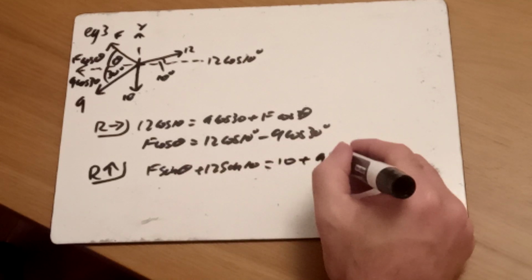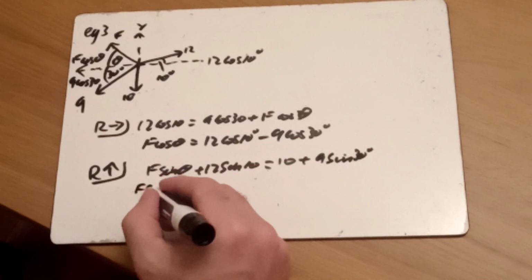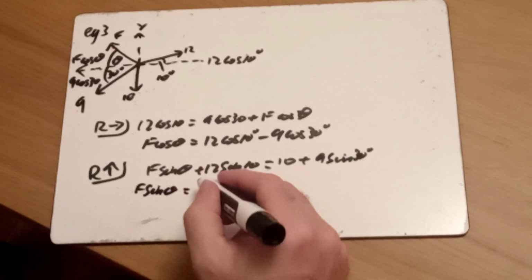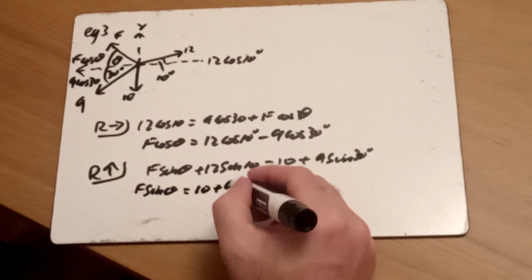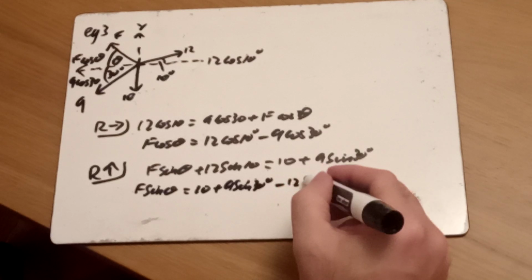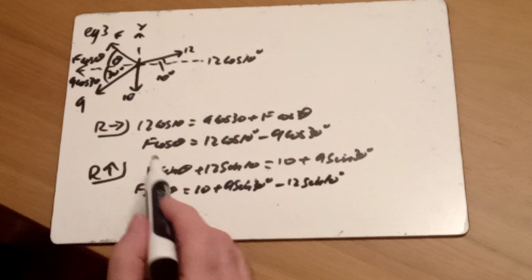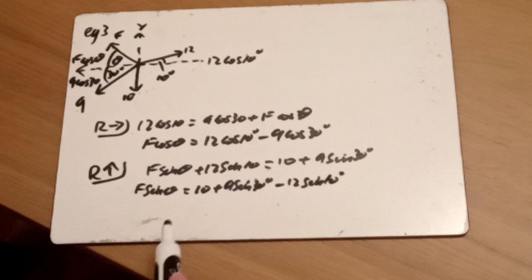If that was 9 cos 30, this is 9 sine 30. So what is F sine theta then? Equals 10 plus 9 sine 30 minus 12 sine 10. So I now know F cos theta, I now know F sine theta.